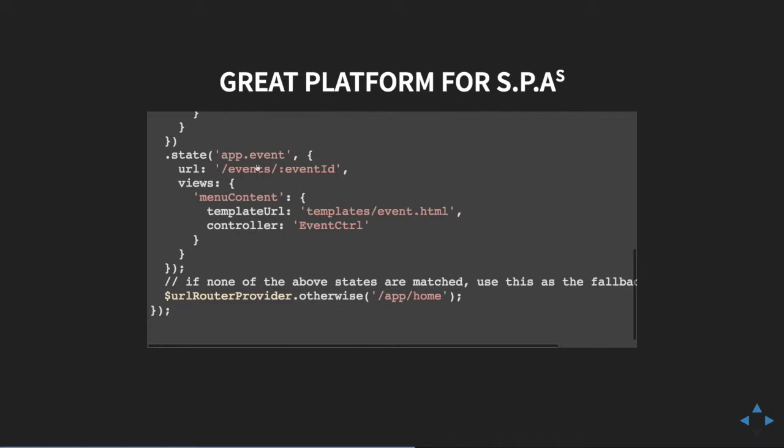But for example, if you go to event/ let's say our event ID is 42, we now can define what template it's going to open. We can define the logic that's going to run on that page. We can pass variables to it, like the ID. And we can have that one view, that section of our page, act completely differently to, let's say, a search part of our site.